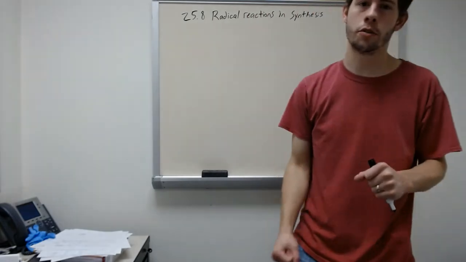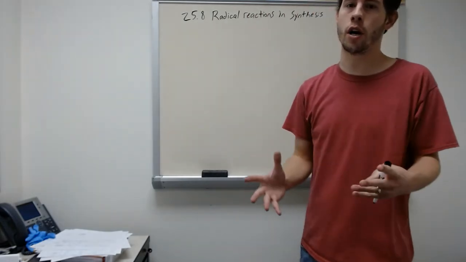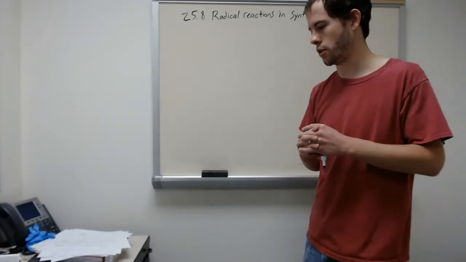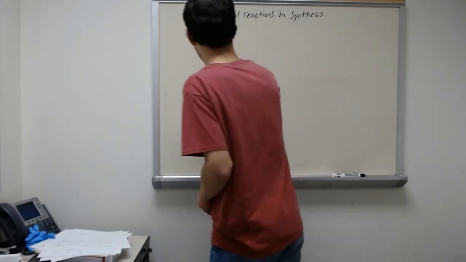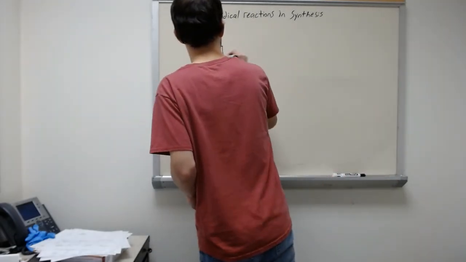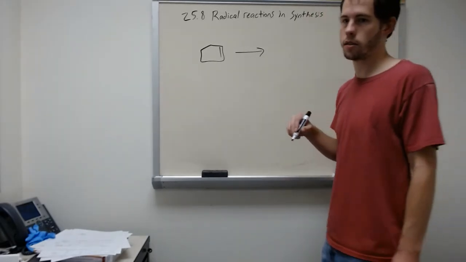All right, so to finish up the chapter, we're going to look at radical reactions in synthesis and essentially summarize everything we saw in this chapter. So one thing that's useful that we learned in this chapter is we can take compounds that have alkenes and we can treat them with NBS and light or heat.